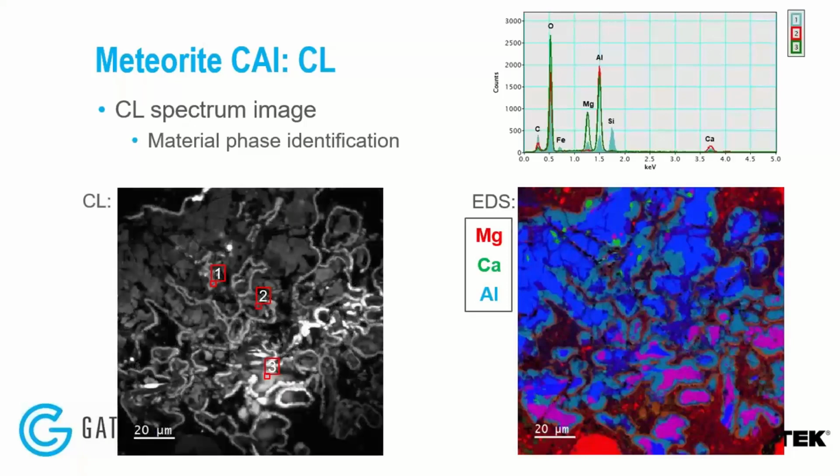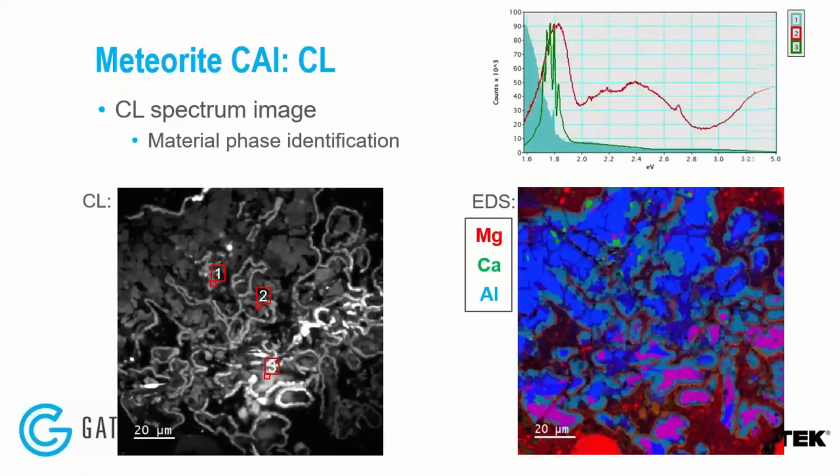So this was acquired at the same time as the EDS spectrum image. And again, we can look at the spectra from the same point. So these are cathodoluminescence spectra from spots 1, 2, and 3. And immediately we recognized that some of the spectra were unique to given materials.